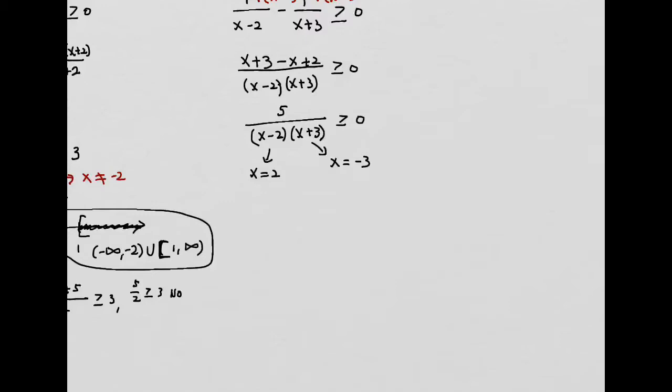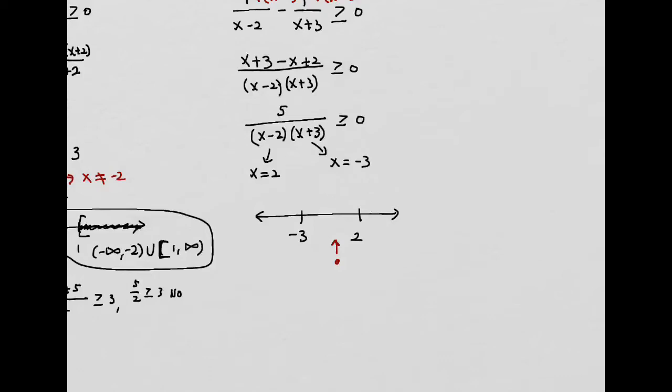So even though you have the greater than or equal to sign, you're not using a bracket, you have to use parentheses on these 2 boundary points. So let's mark those 2 points. Negative 3 is smaller than positive 2, so it goes on the left side. And if you're asking me to pick testing points, my testing point will always be 0. So testing point 0 means you're testing the middle area, right?